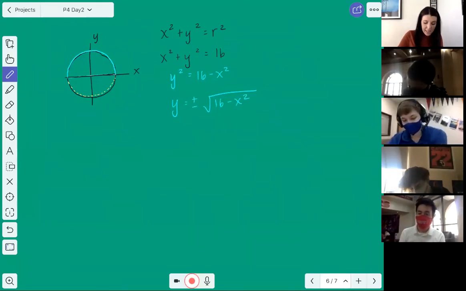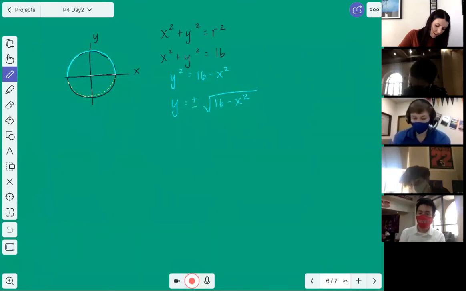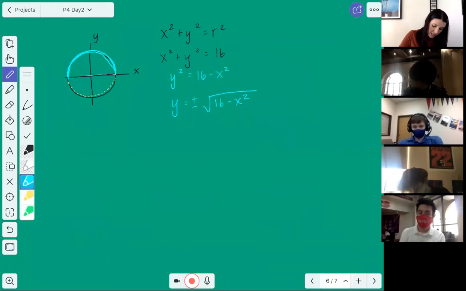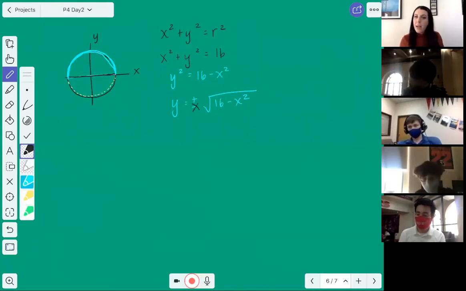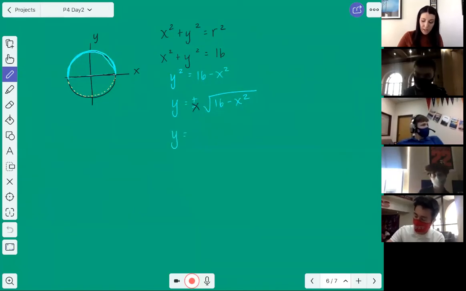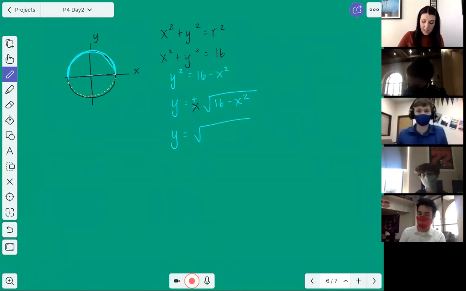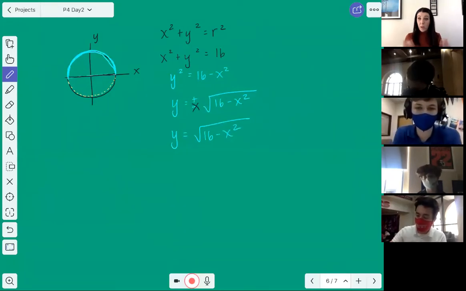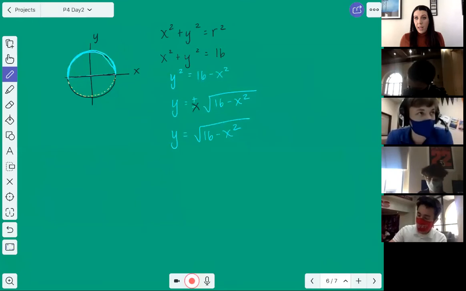But because it's only the positive y values, everything up here is positive y, I don't need the minus sign. The minus sign would be the inclusion of the yellow dotted part. So I don't need the plus and the minus, it's just the plus. So the equation of a semicircle with a radius of 4 centered at the origin would be the square root of 16 minus x squared. That is the equation of a semicircle, centered at the origin.